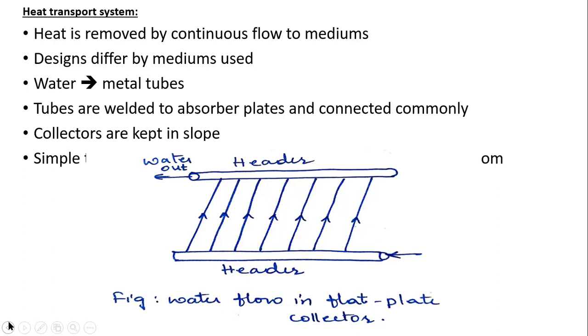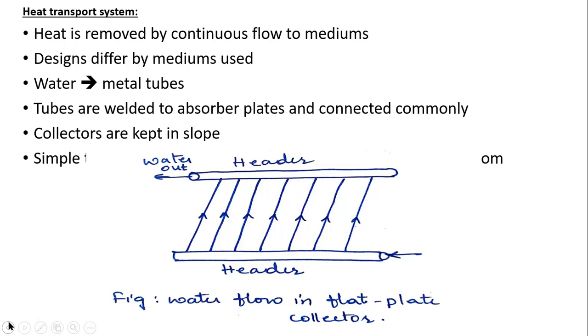To maximize the exposure to solar radiation, these collectors are kept at some slope, in order to change the orientation of the collectors with respect to the sun.